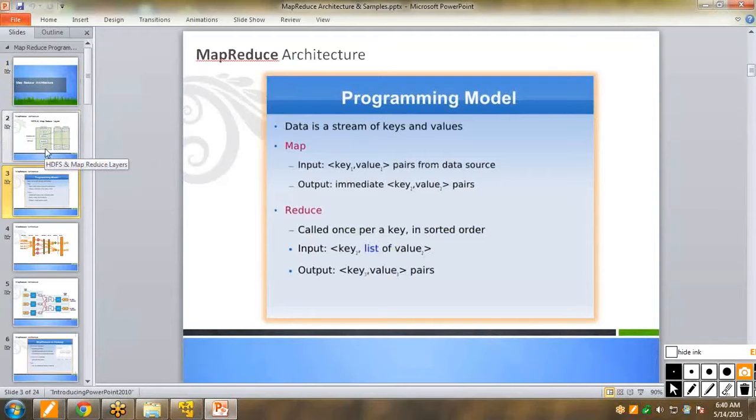Primarily in the MapReduce programming model, we have two sets of things: one is the map, the other is the reduce. What is the concept behind map and reduce? The syntax, you could see it here. Everything goes by the key-value combination. The input is a key-value, the output is a key-value. Even in the reducing world, the input is a key and a list of values, and the output is a key-value. Everything is key-value based orientation here.